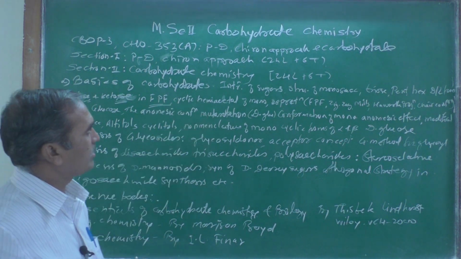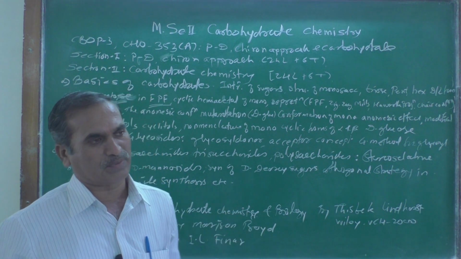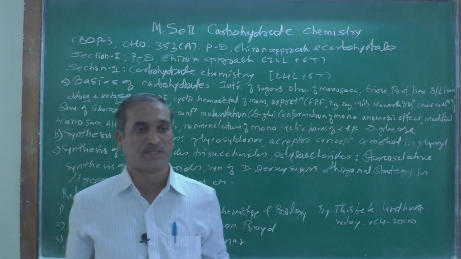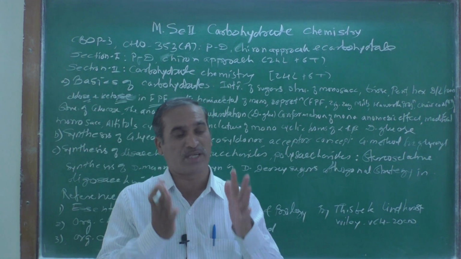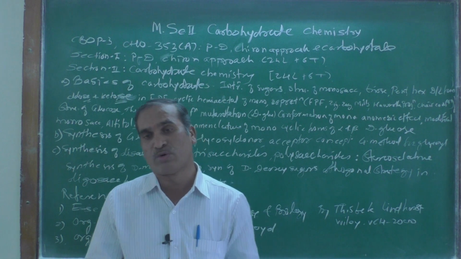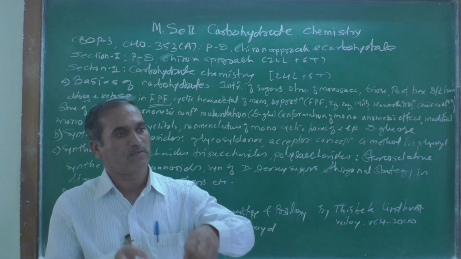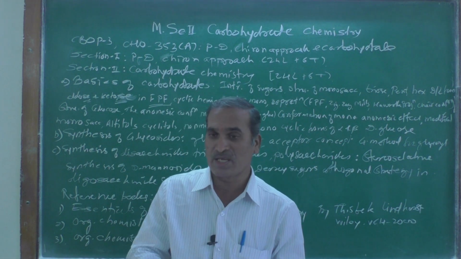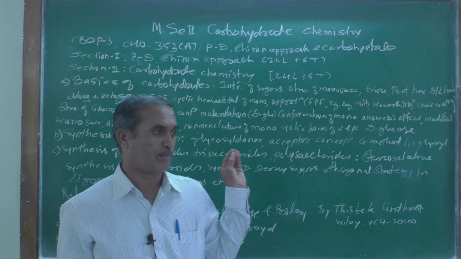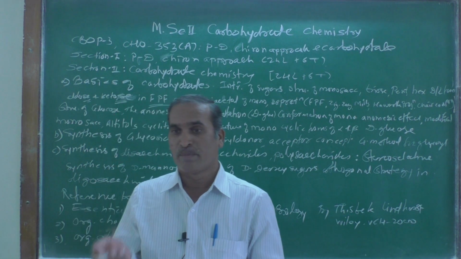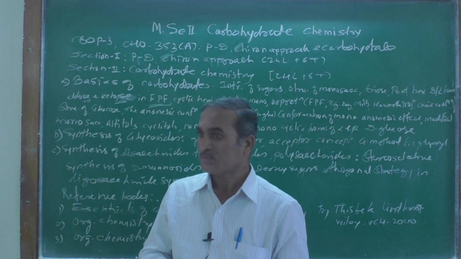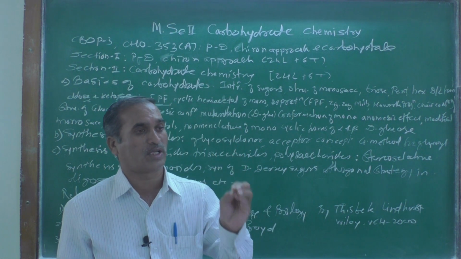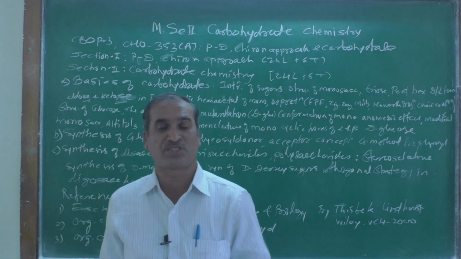And then cyclic hemiacetal, because in a Fischer projection formula generally the compounds are open chain. The open chain compound has an aldehyde group or ketonic group, and some of the properties are shown by this aldehyde or ketone group, but some of the properties are not shown by the open chain compound.